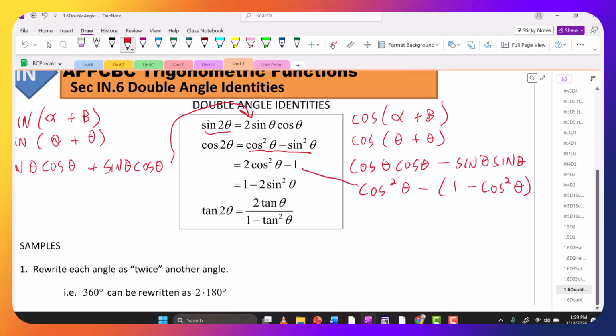And then I'd end up getting this one. This one's very easy to see. I could take this one and replace cosine squared with 1 minus sine squared and then leave that minus sine squared alone. Everyone can see how that creates that one.